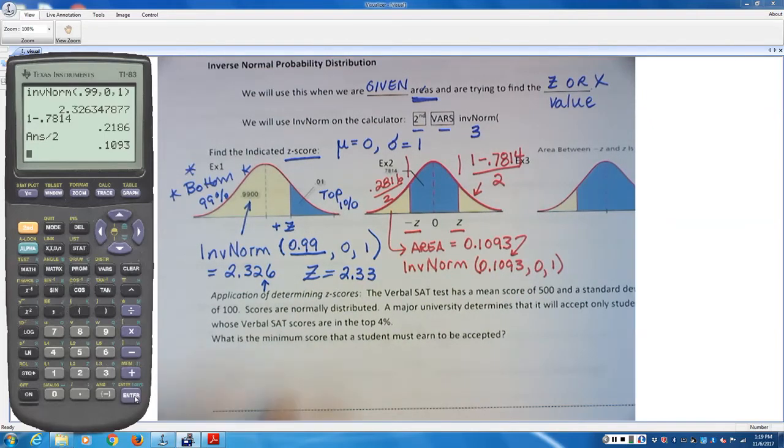And we're going to get a negative z-score because it's an area that's less than half. And the z-score is negative 1.23.